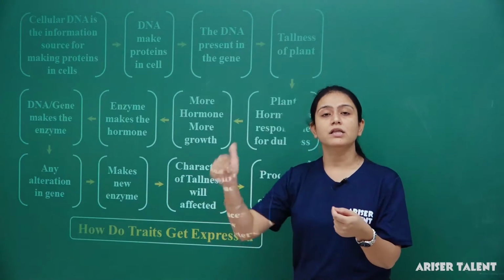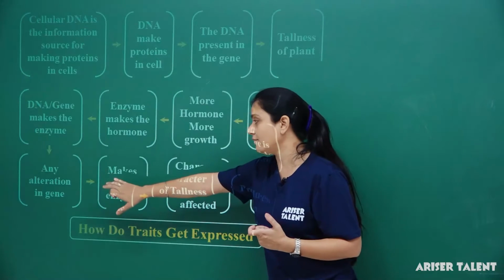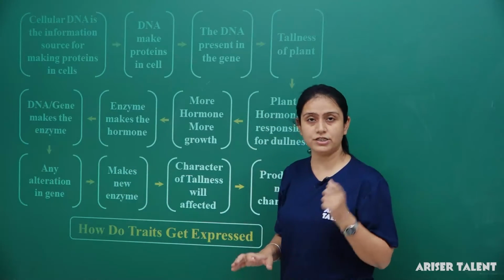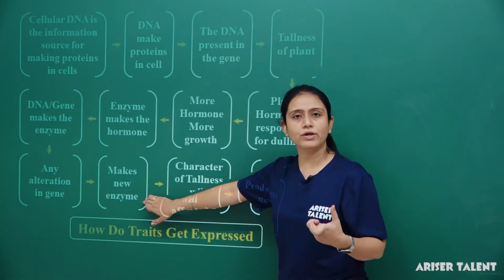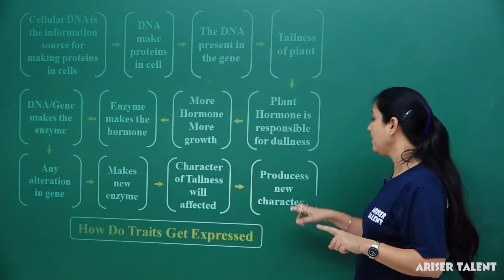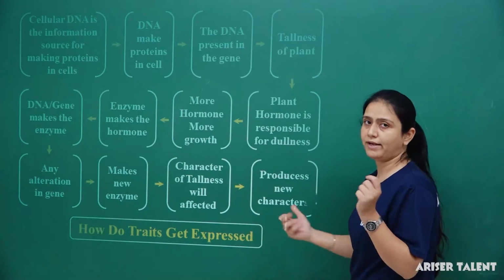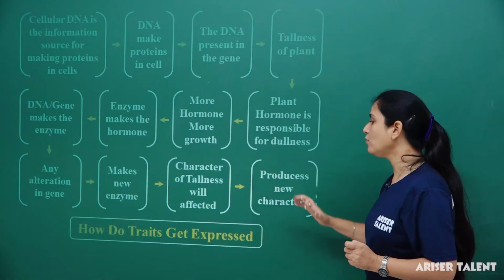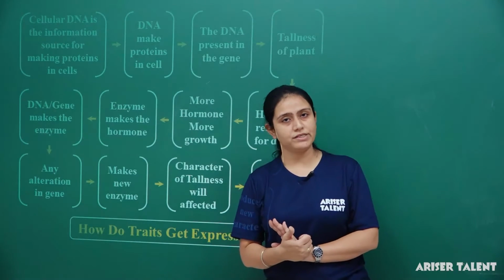Why? Because a new enzyme will be produced. Whatever alteration is there in the gene, it will make a new enzyme, and that new enzyme will produce a new character. So this is how different traits get expressed.